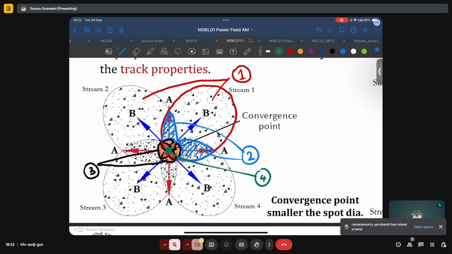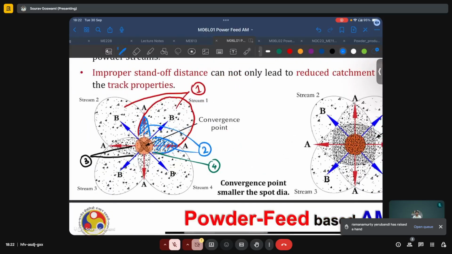The laser spot in this given case is shown by this orange spot right in the center. And what we can see is that it is smaller than, say, region 4, but encompasses region 3 and is much smaller than region 2 and 1.